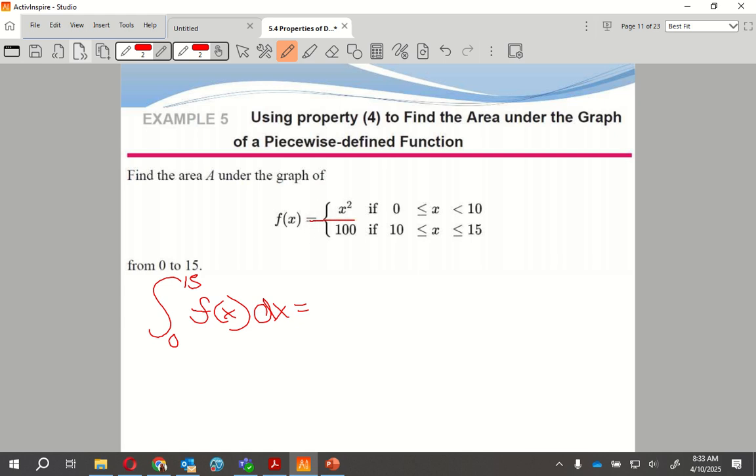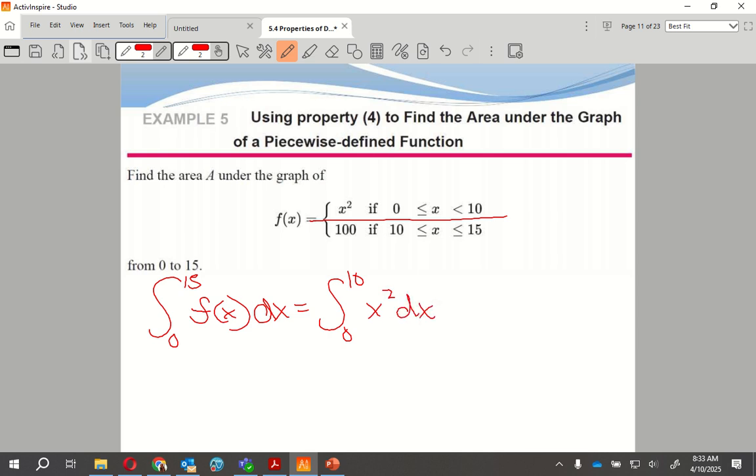This is where the piecewise comes into play here. From 0 to 10, and that is going to be x squared dx.